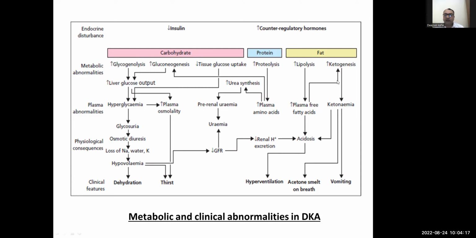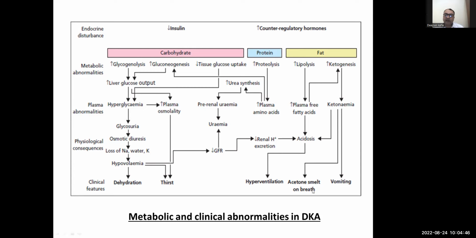And with regard to the increased ketogenesis, that would lead to ketonemia, and that ketonemia will also lead to vomiting, because when there is a high amount of ketone bodies, it will activate the chemoreceptor trigger zone in the medulla oblongata, which stimulates the emetic center, and finally that leads to vomiting in case of ketogenesis.